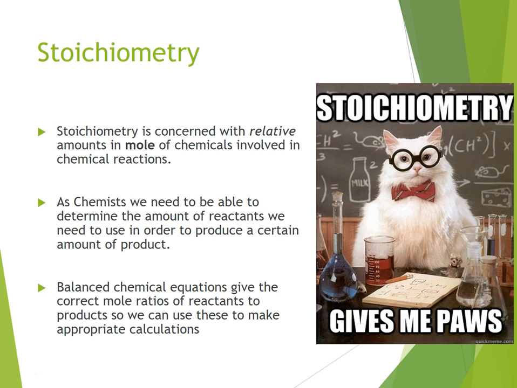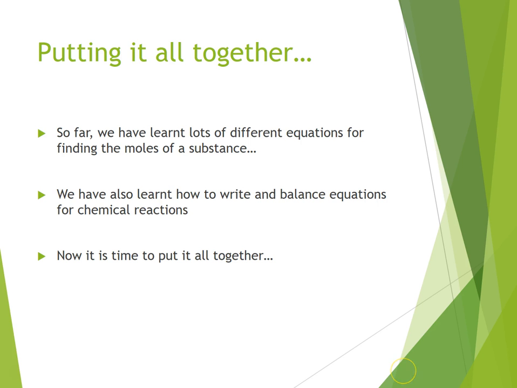This allows us to work out what we need to use for chemical reactions, transferring that number of atoms into an amount of substance in grams. So far we've learnt the equations for finding the moles of a substance, and we do have more to come, and we know how to write balanced equations. So stoichiometry is basically putting that all together.